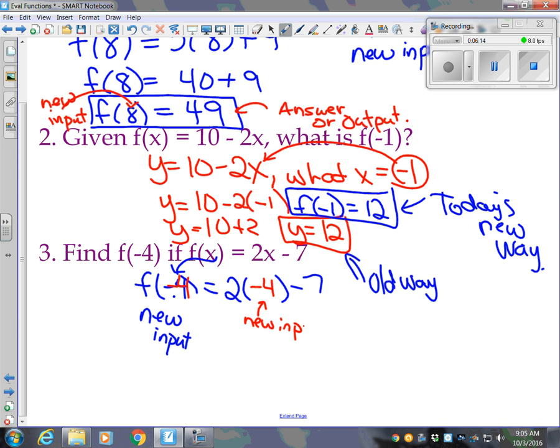It's just a new way of writing it, but it's really not a new way of finding an answer. Okay? It's a new label is all it is. If you had seen the answer y equals 12, would you have known by just looking at y equals 12 what number you used to get the answer of 12?